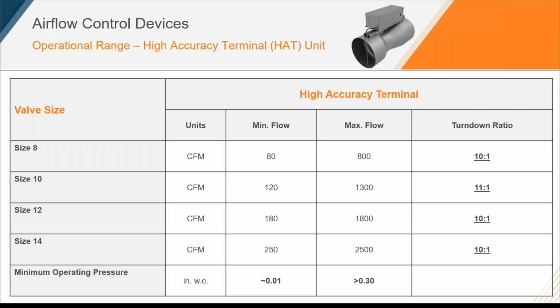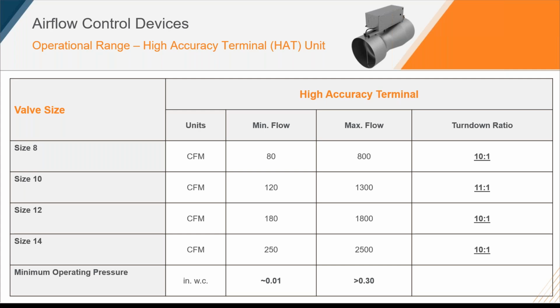Additionally, because we're utilizing this venturi shape, we're amplifying the pressure drop. That allows us to now control much more accurately at the minimum flow range, as with the maximum flow ranges. Now, this does come at a little bit of a cost due to the shape of the valve. This does amplify and increase the minimum operating pressure in comparison to a terminal unit.